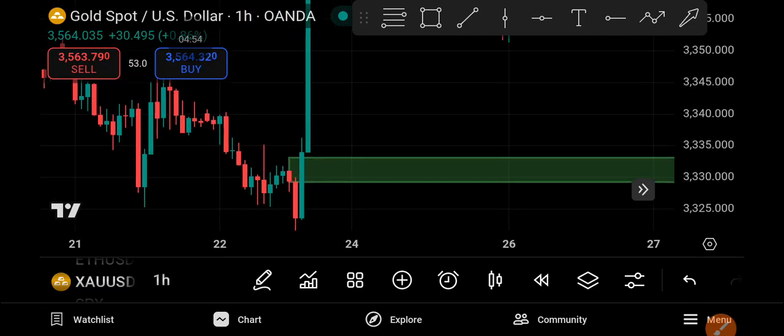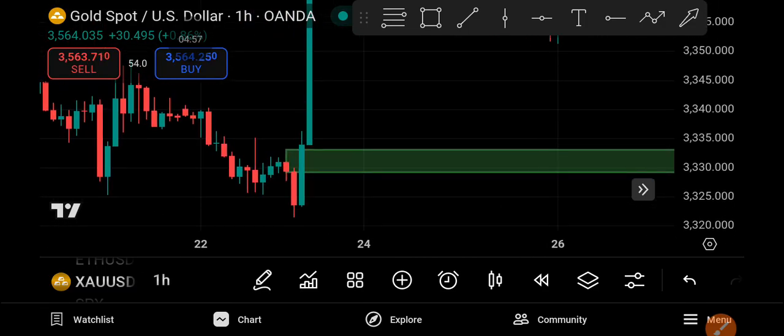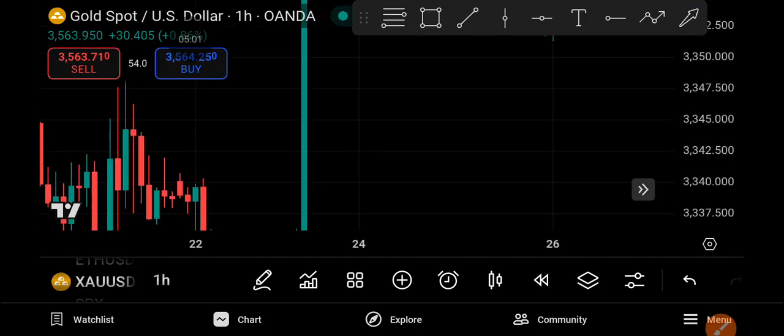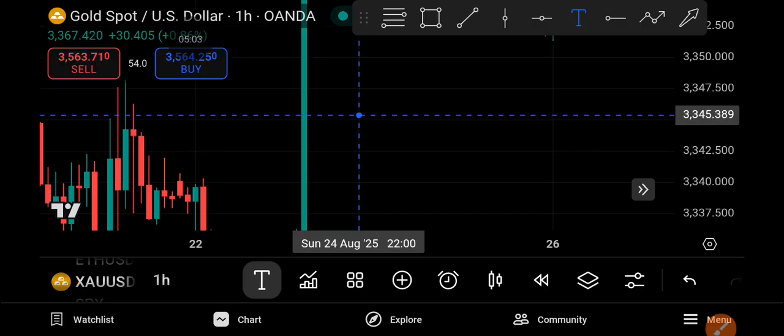Let me zoom in so that you can see it clearly. Let me write for you here: an order block should contain these two things.